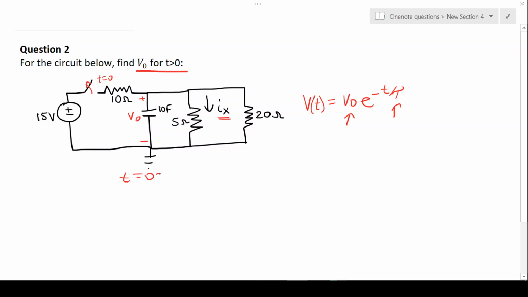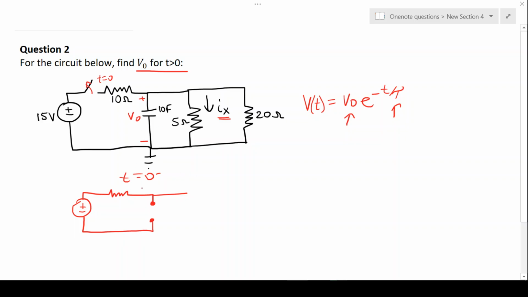When t equals 0 negative, just before the change, what happens? We can take a look at the complete circuit. We know that the capacitor becomes an open circuit, and then we're going to have the resistors 5 and 20.